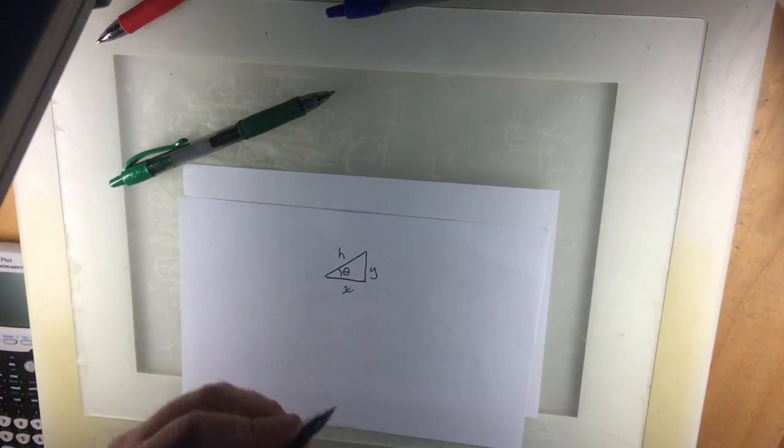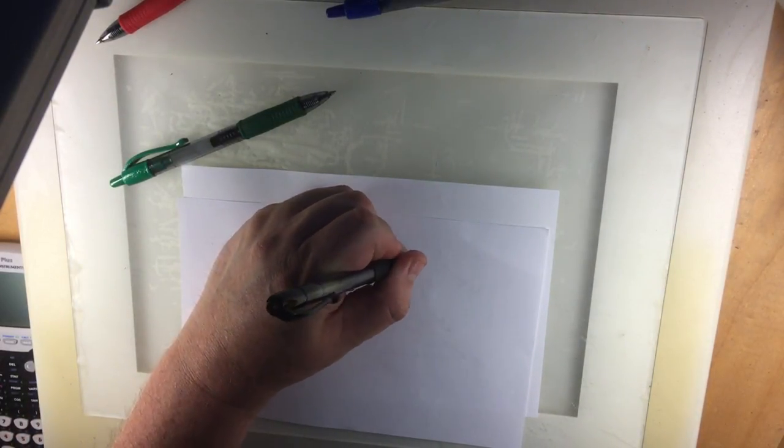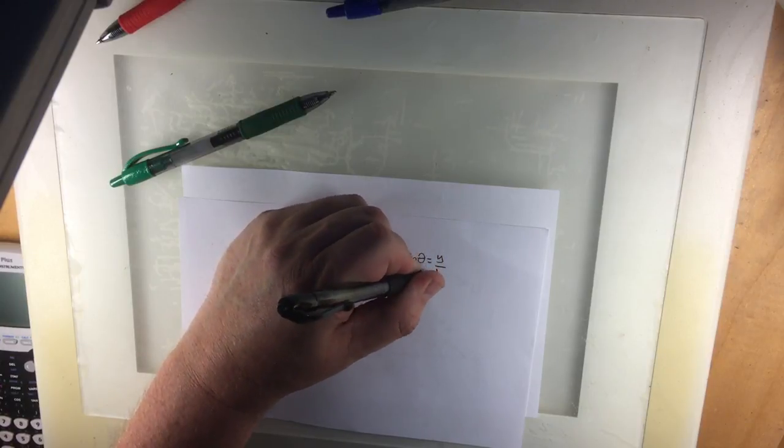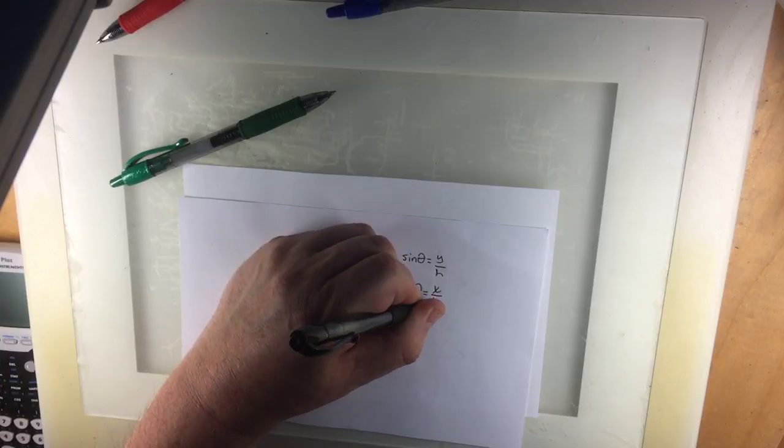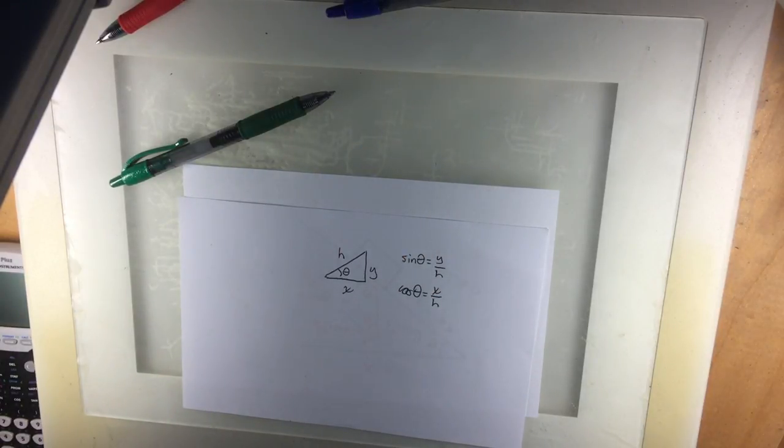And what do they tell you? They tell you that sine of theta is y over hypotenuse, and cosine theta is x over hypotenuse. And they teach you that this is truth. But it's not. It can be.